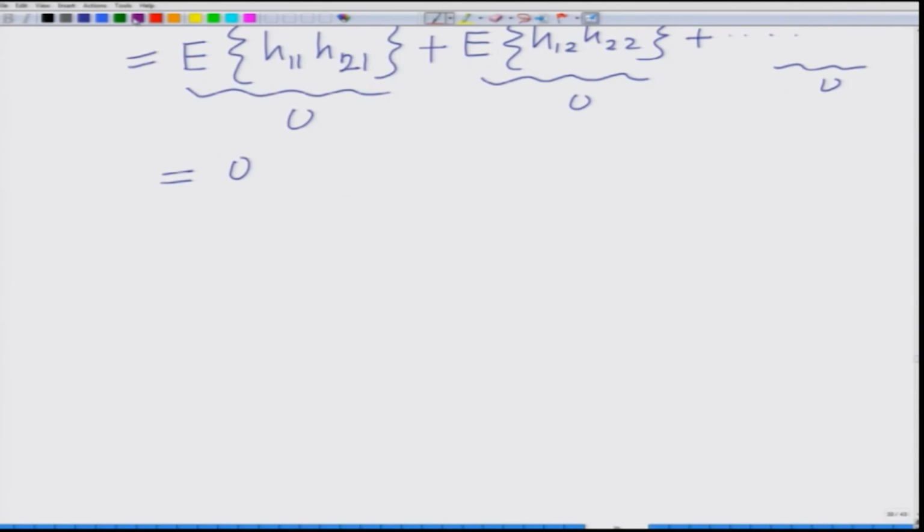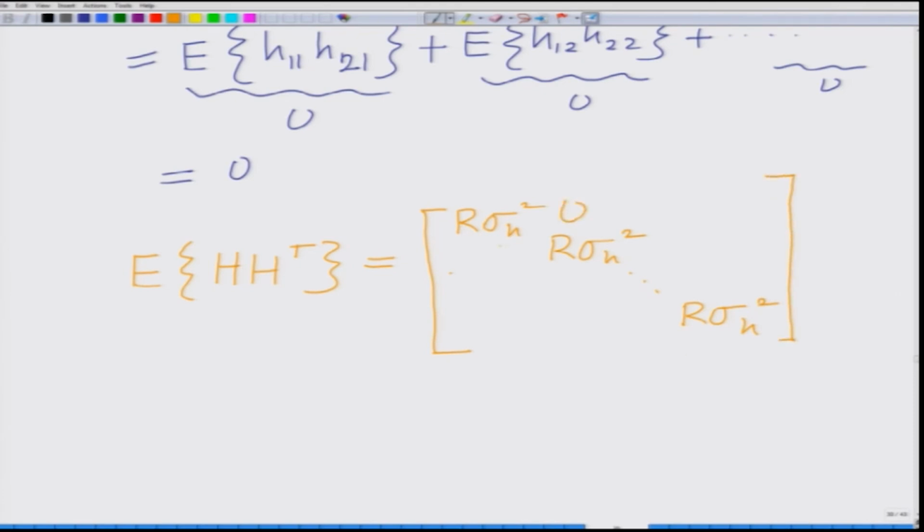Therefore, we now have a nice expression for the covariance matrix: the expected value of H H transpose is the matrix with R sigma h square on the diagonal and all off diagonal entries 0.